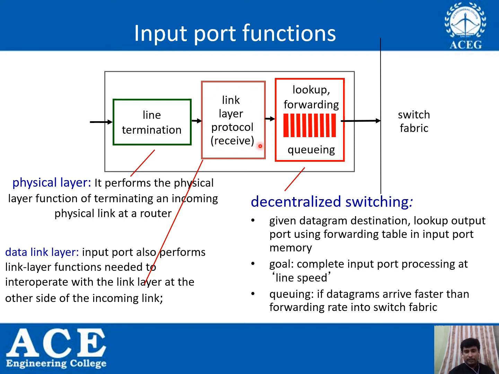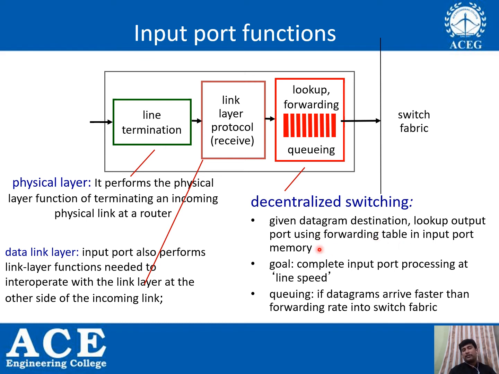And the third one is the one which connects you to the switching fabric, which will forward the datagram to the appropriate output port. In the third block of our input port, in the case of a datagram network, the datagram destination is identified, and a lookup of the output port is done using the forwarding table in input port memory.